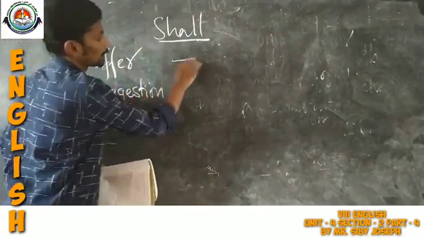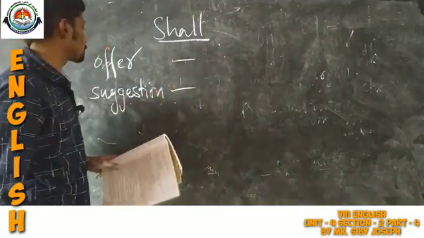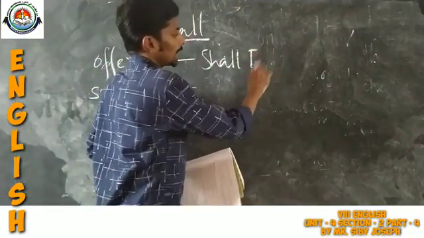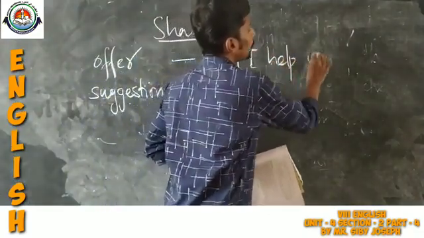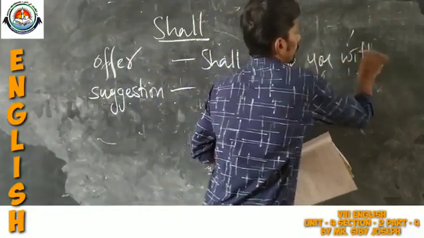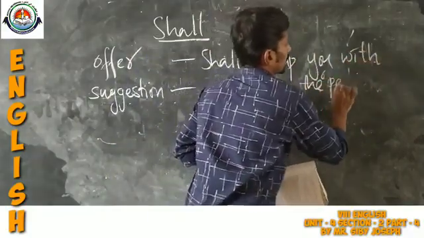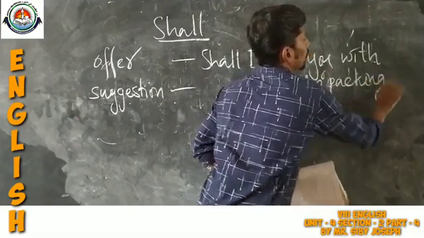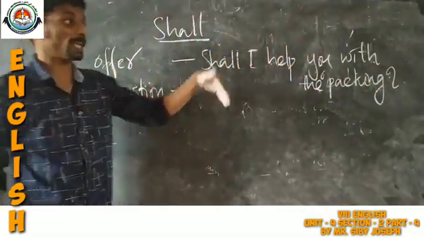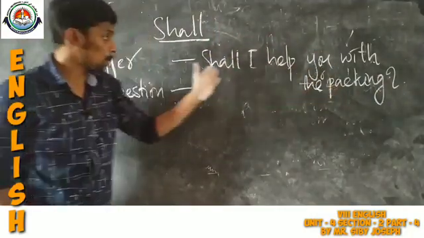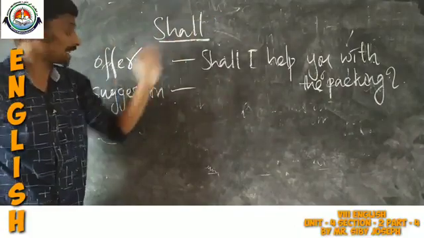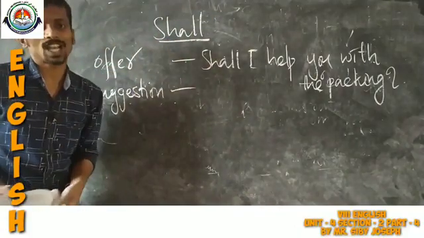For example, take the sentence given in your textbook, offer. Shall I help you with the packing? So this is an offer. When we are providing some offer, we can use shall.